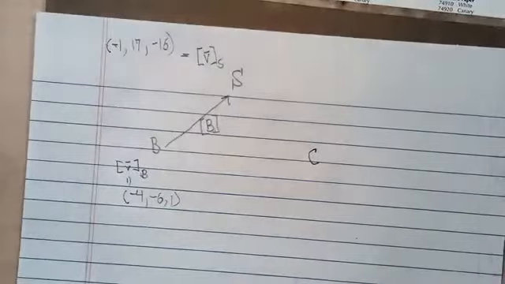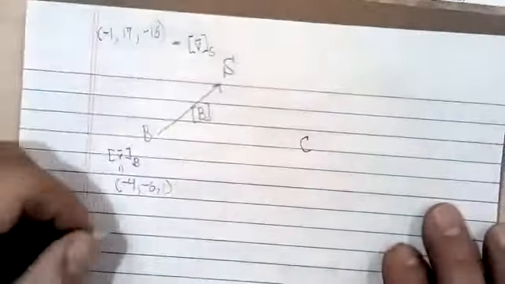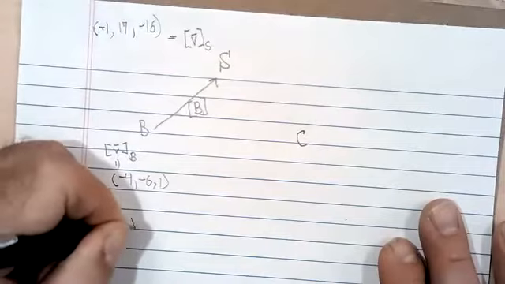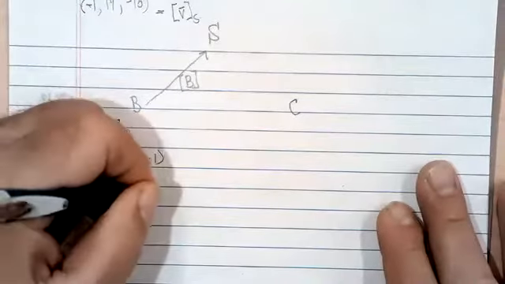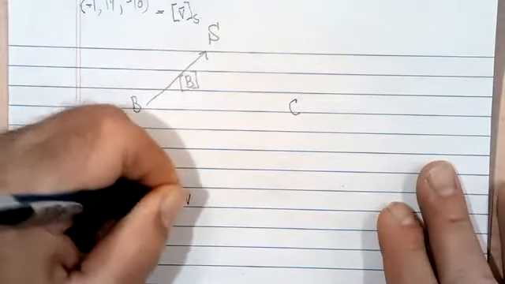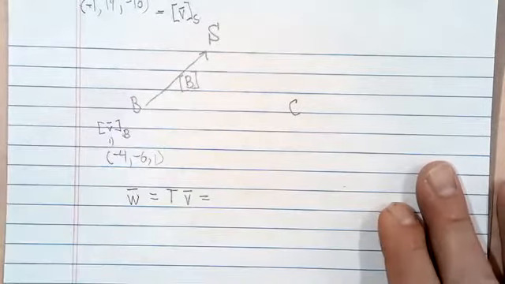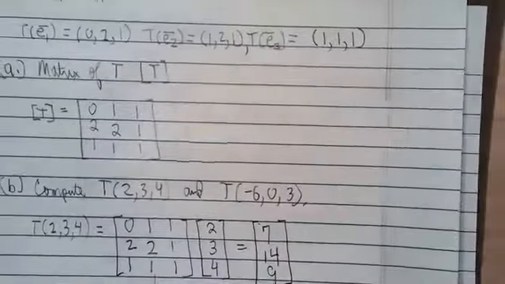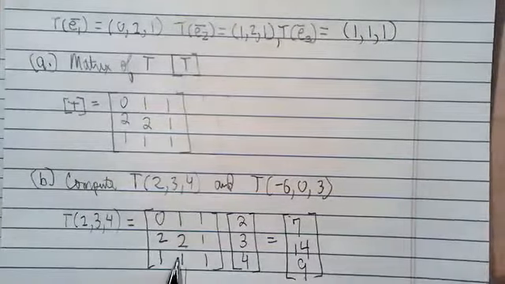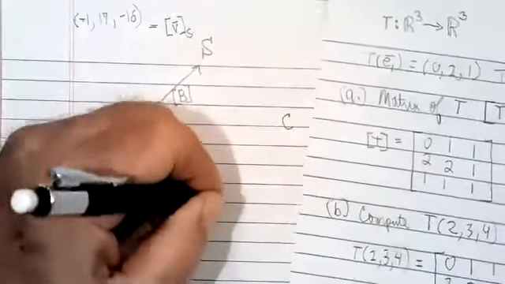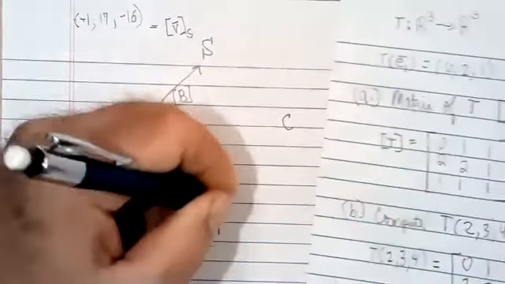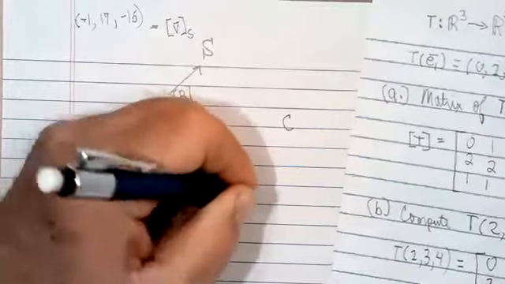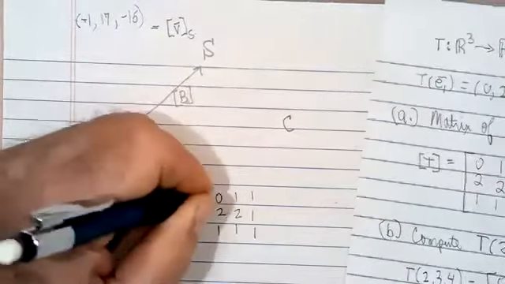Now the directions are to compute T of V. So I'm going to say W is equal to T of V. And T we can get by left multiplying by this matrix right here, 0, 2, 1; 1, 2, 1; 1, 1, 1.